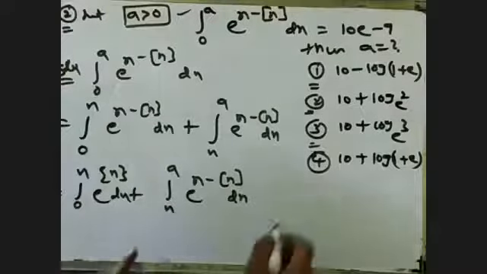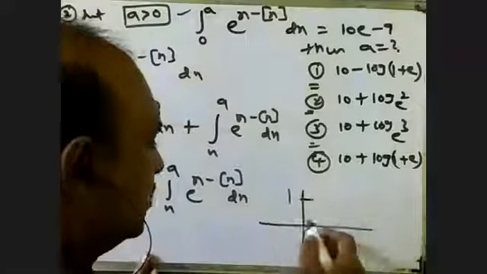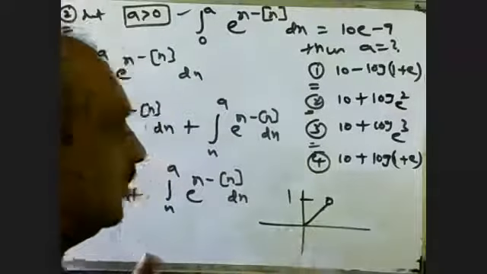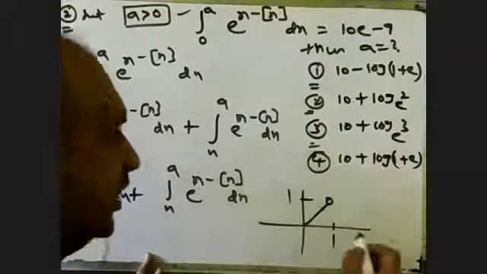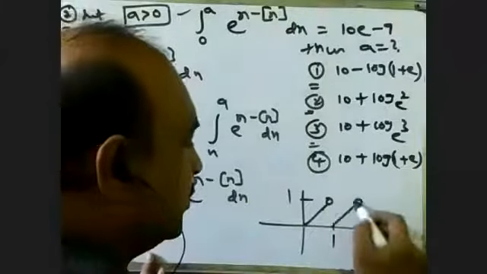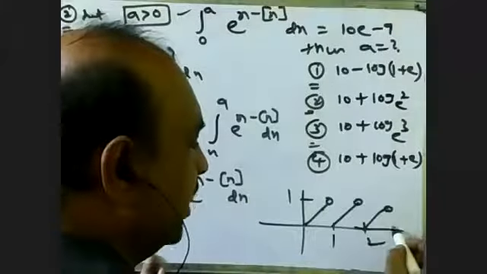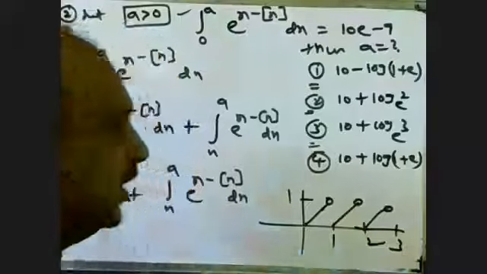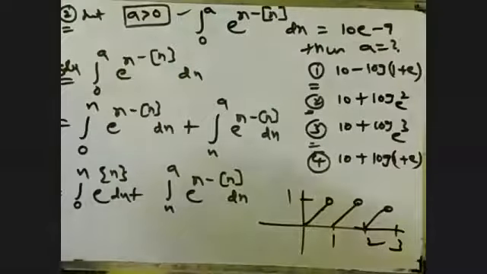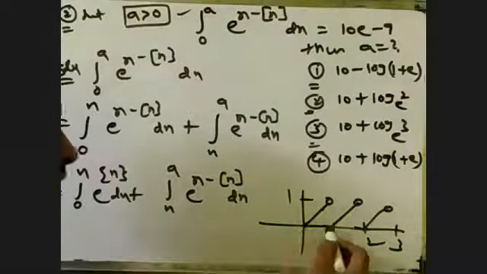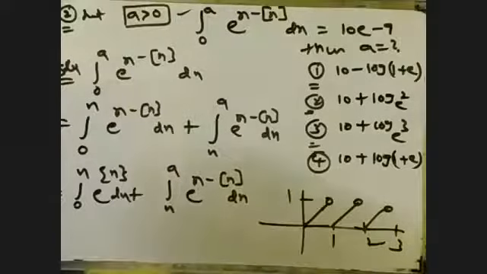If you draw the graph of the fractional part of x, it is discontinuous at every integer, and again it starts at 1, is discontinuous, again starts at 2, and continues like this. So for every integer the graph repeats. That means the period of the fractional part of x is equal to 1.